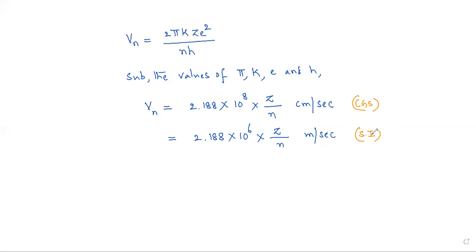Now, from the same expression, the velocity of electron in nth orbit is of course directly proportional to z and inversely proportional to n. So, as the n value increases, velocity of electron revolving in that particular orbit decreases.